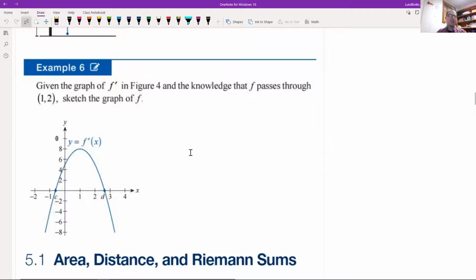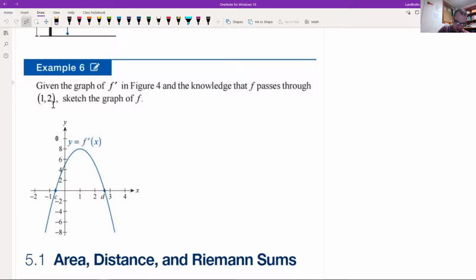Example number 6 here is a graph where we've been given a graph of the derivative, and we're looking to sketch the graph of f. So we've been given a graph, and notice we have not really an initial condition here, but we at least have an anchor point to position our antiderivative, so that we're not talking about the entire family of functions. We're actually just going to pick the specific function that goes through this point.